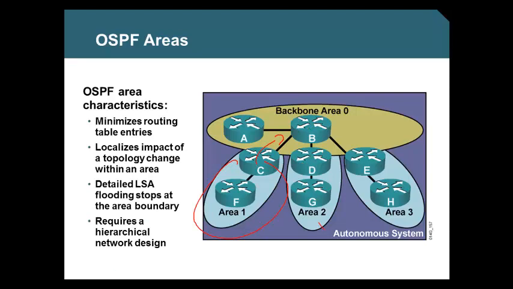That reduces the size of the routing table. When you have a reduced routing table, it is faster for a router to decide on a path. Fast route selection.